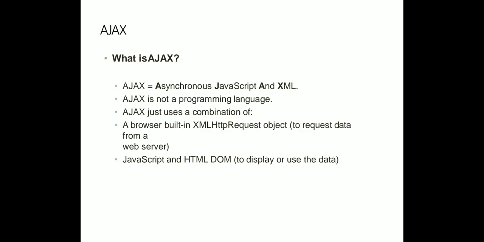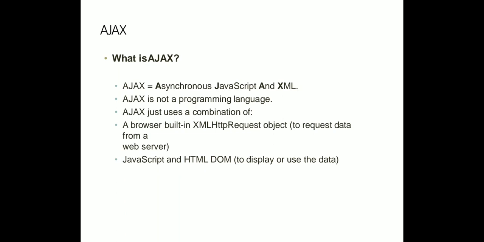So Ajax is basically made of asynchronous JavaScript and XML. Ajax is not a programming language. It is a combination of a browser built-in XMLHttpRequest object, JavaScript and HTML DOM.